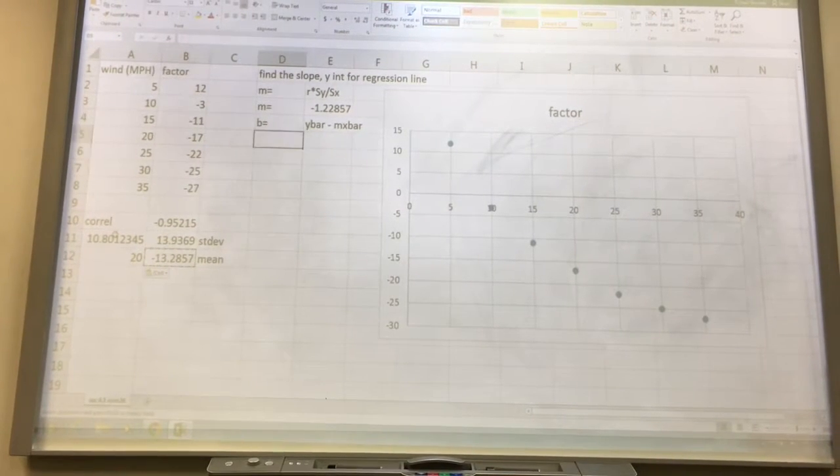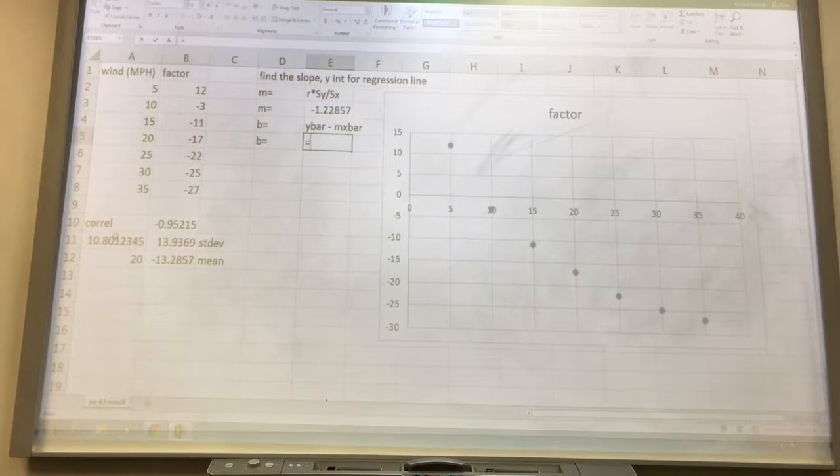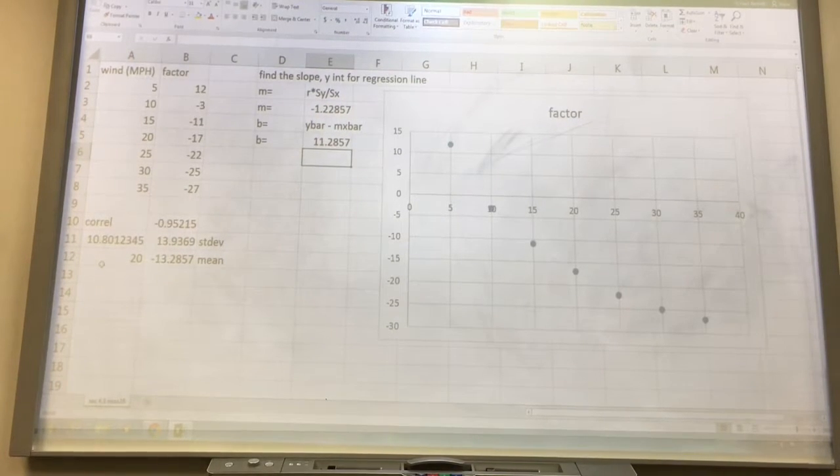So b equals y bar minus m, which we found up here, times x bar. Now that I've found my m and my b, what is my regression equation, Ryan?